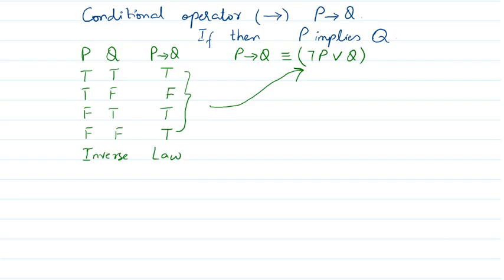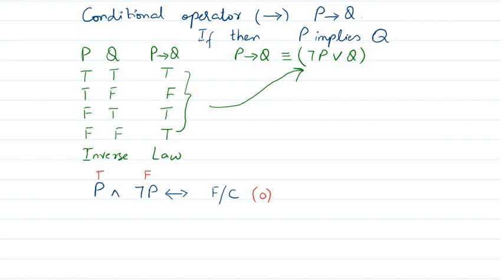Now the inverse law states that any variable P which is ANDed with not of P is always going to result in a fallacy or a contradiction, because if the value of P is true, then what will not of P be? False. And the operator in between is the AND operator. If the AND operator gets even a single false, what will the output be? False. So it is always going to result in logic 0.